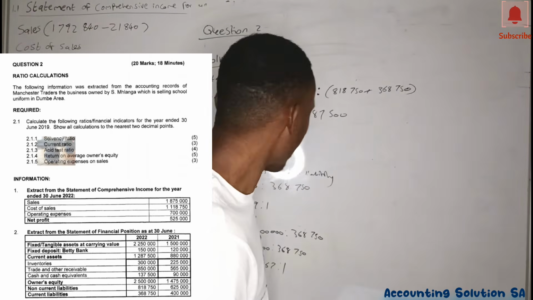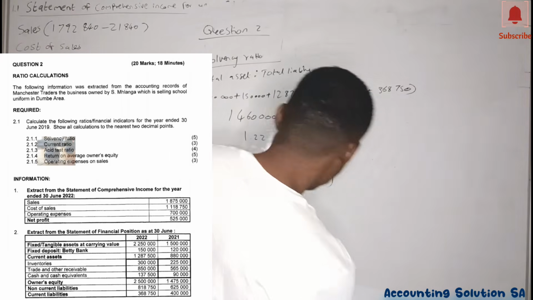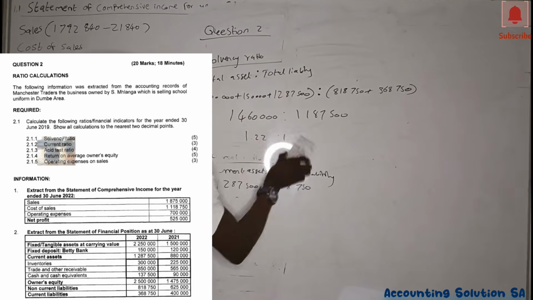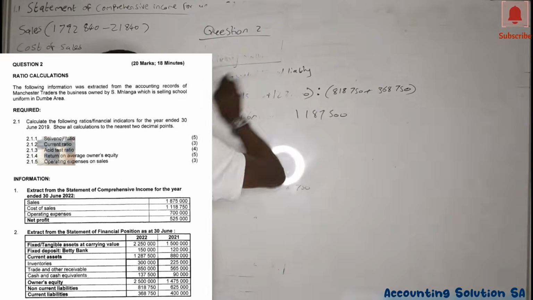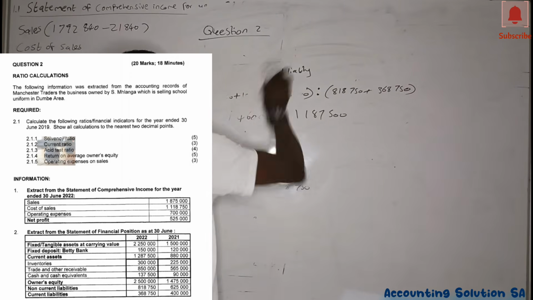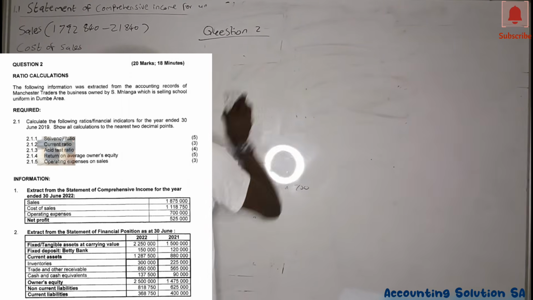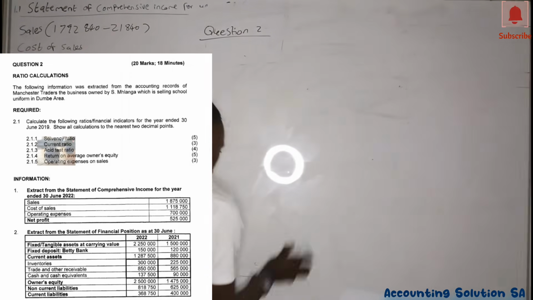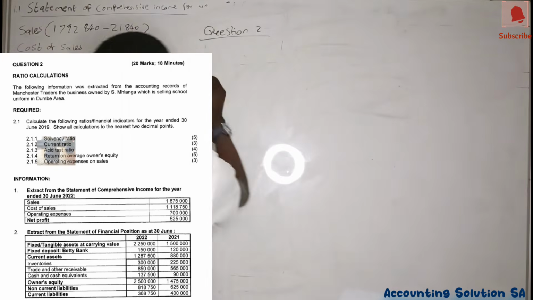Then we have return on average equity. Then we do the last one and we go to question 3. Return on average equity.